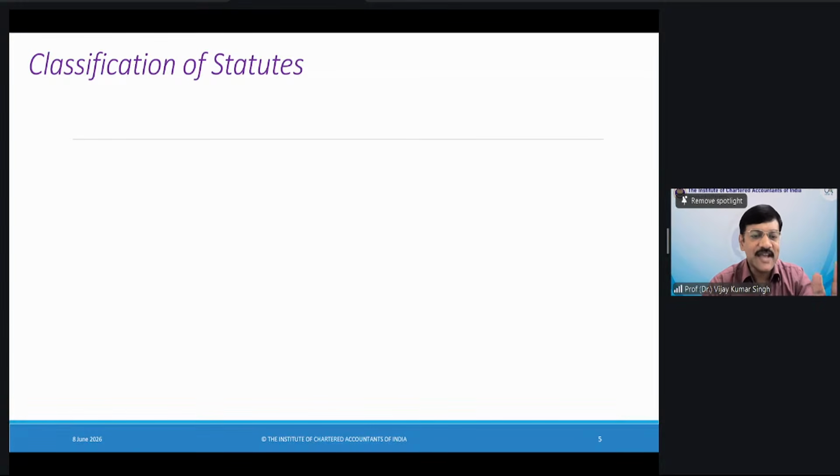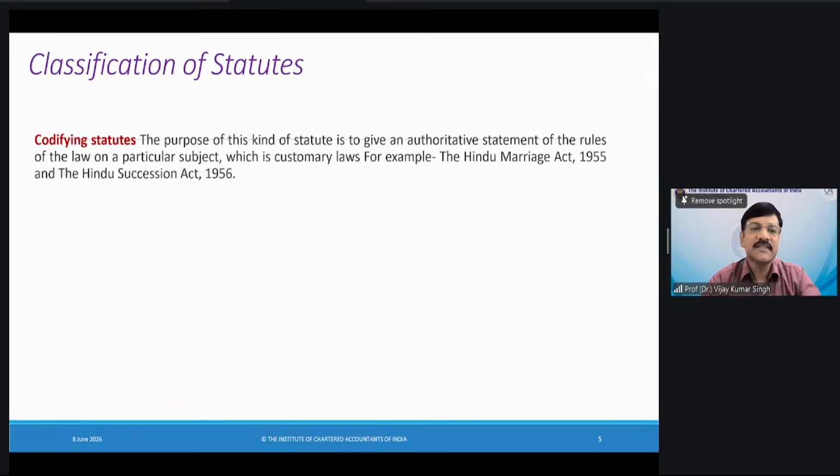The classification I have put in the slides is not in your course material, but try to understand it. Different authors have classified statutes in different ways, so there is no one way to classify them. But try to understand the essence of each of these statutes and how interpretation works in these situations. So let us have a look at it.